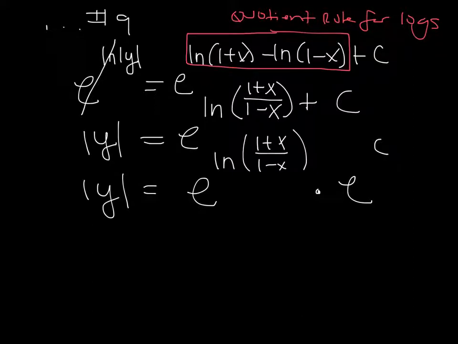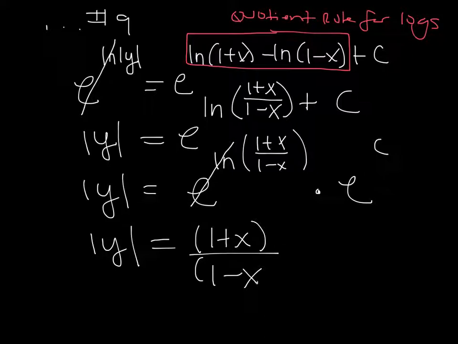But I rewrote this because I know that e to the ln is going to be the identity, and so 1 times all that is 1 plus x over 1 minus x. This is a power, so you can use the power rule in logarithms. Your power really comes down, and then this, you can just call c if you want. If you want to call it k or a, it doesn't matter.